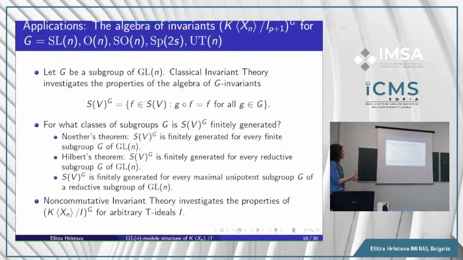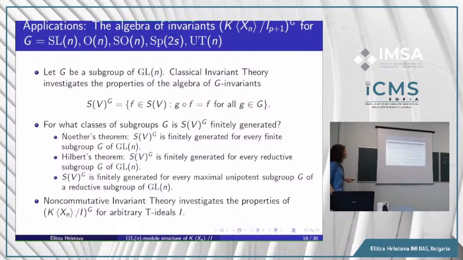Now this is all classical and very well known. Of course, there are some other questions that are not known, but we'll focus on the question about finite generatedness. And one way to do non-commutative invariant theory is to replace S(V) with the quotient K<X_1,...,X_N> modulo I for a T-ideal I, and then investigate the properties of this algebra of invariants for different classes of groups.